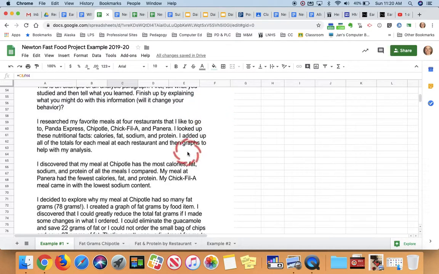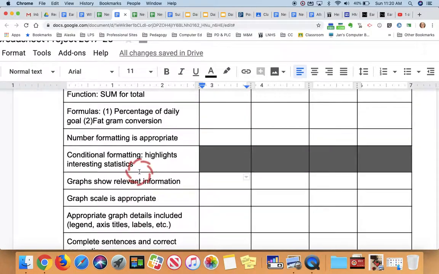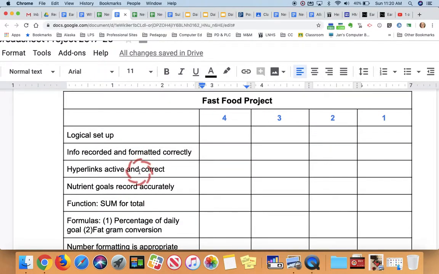I'm going to scroll down just a little bit, and you can always pause the video and read this in detail, but notice that each paragraph here, I am explaining what I researched in the first one, showing interesting facts I discovered in the second, and then in the third paragraph, I kind of talk about what I might change to eat healthier. There was a simple thing I could do at Chipotle that would take out a lot of fat grams and be a healthier choice. Okay, so that's what I'm looking for step by step on your assignment when I grade it. Okay, please see me if you have any questions before you turn it in.